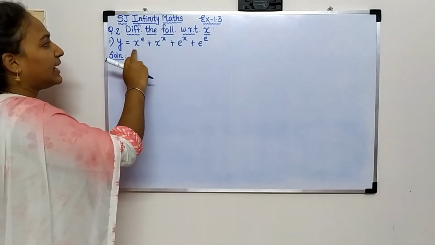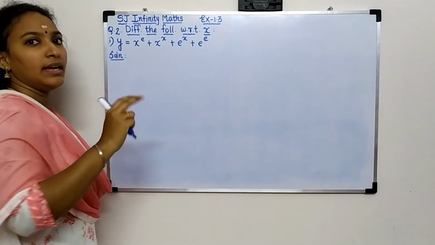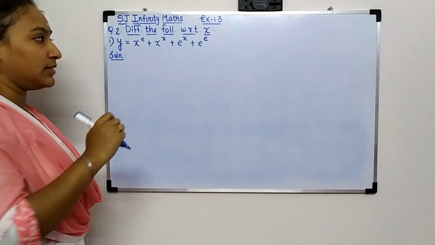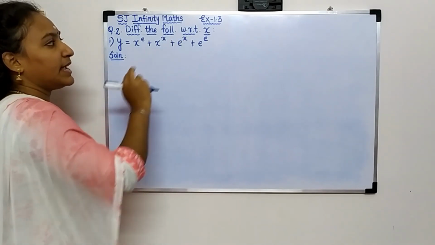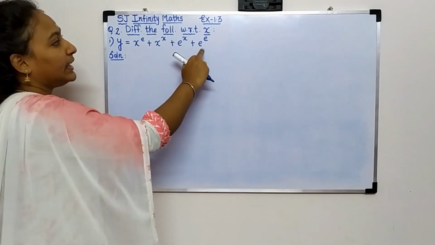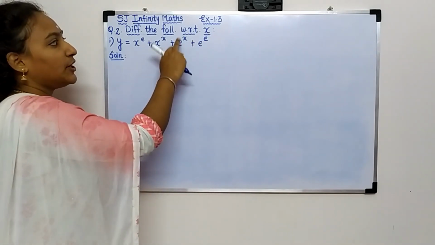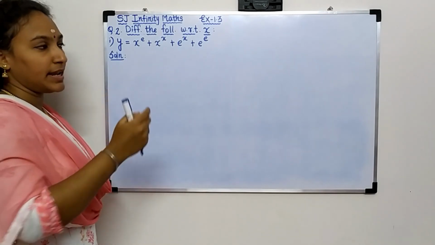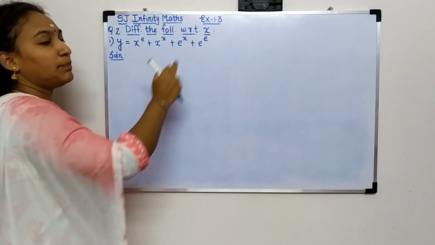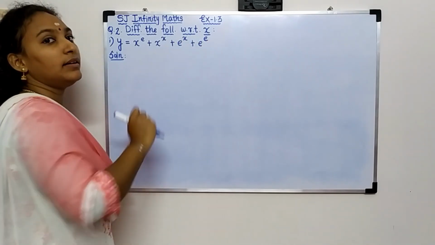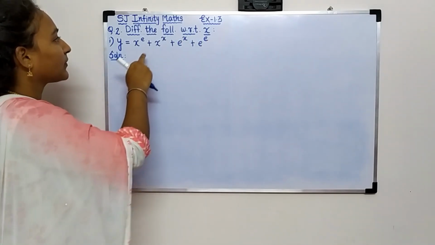See, notice that x raised to e can be solved very easily using differentiation. Similarly, e power x can also be solved, and e power e can also be solved because the derivative of e power x is e power x and the derivative of e power e is 0, because this is a constant function.